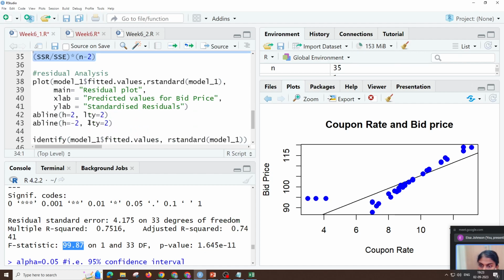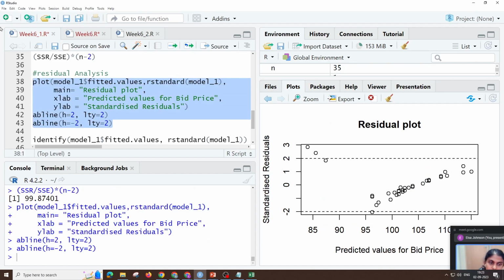Now residual analysis was also taught, and how to reject a particular outlier. I'll explain that also. So plot model 1 fitted values and R standard of model 1, the main value this one, X lab, Y lab. This one is the plot.